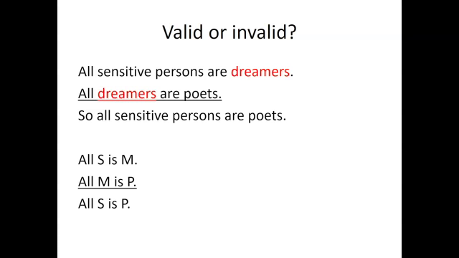So we assign S for subject to the subject term in the conclusion, and P for predicate to the predicate term in the conclusion. And the middle term will be assigned the letter M. So here we have an argument of this form: all S is M, all M is P, and therefore all S is P.